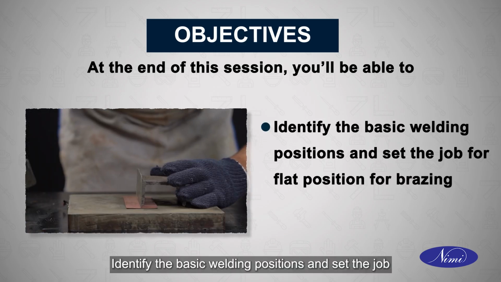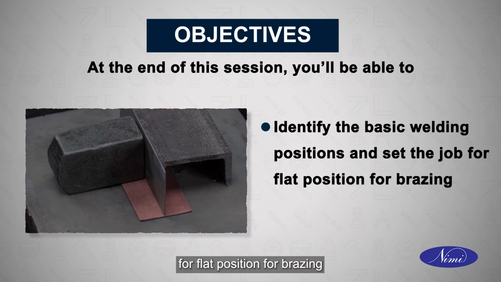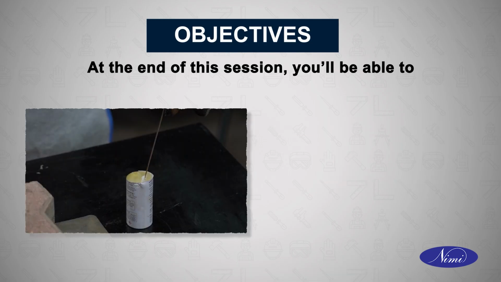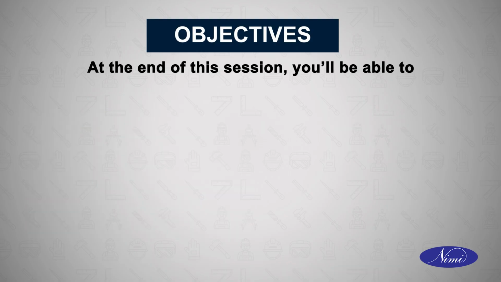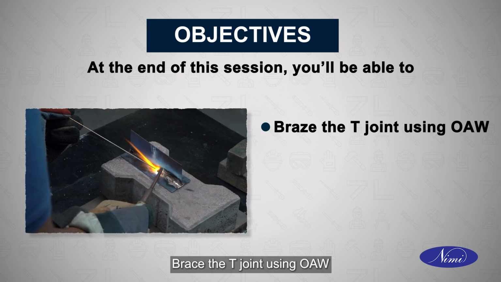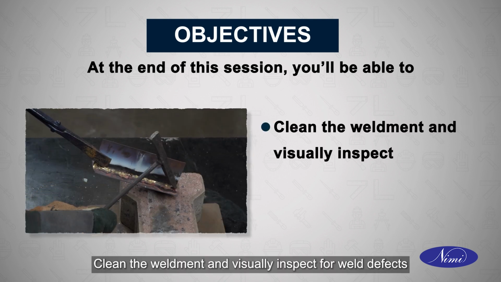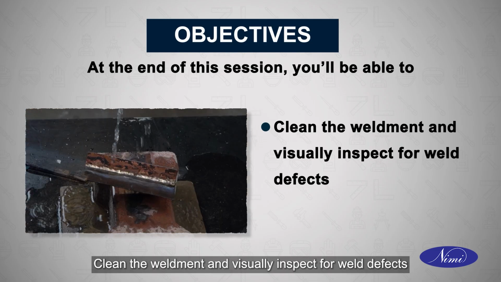Identify the basic welding positions and set the job for flat position for brazing. Select the filler rod for the joint and the type of flame. Braze the T-joint using OAW. Clean the weldment and visually inspect for weld defects.